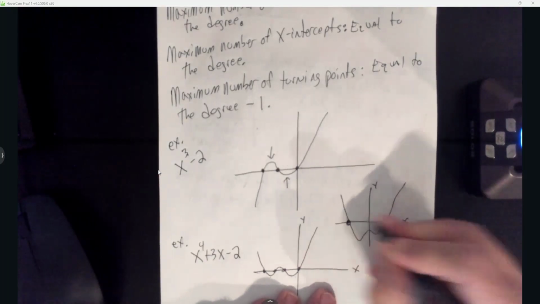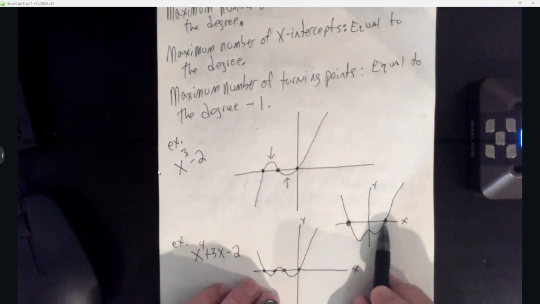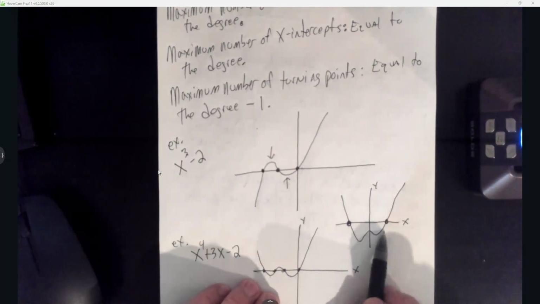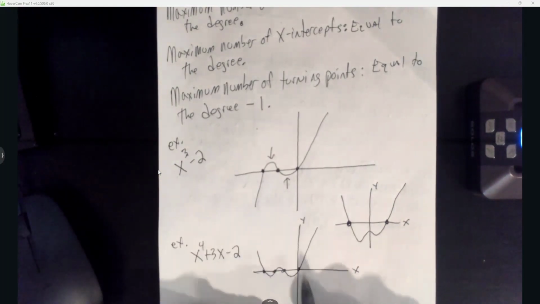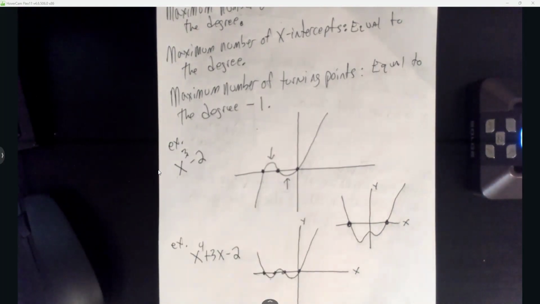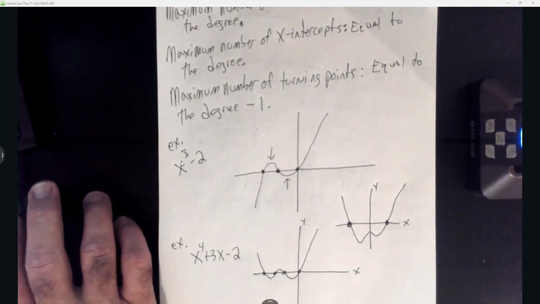So this one would actually have 2 real zeros, but the other ones would be imaginary because they're not crossing the x-axis, okay? So that's what we're talking about. The maximum number of zeros would be equal to the degree, the maximum x-intercepts equal to the degree, and then the maximum turning points would be the degree minus 1.